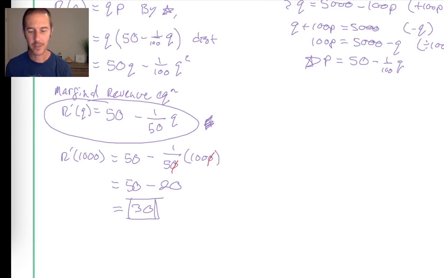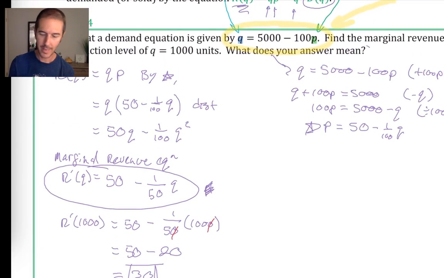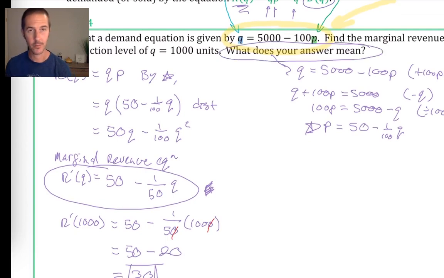So in this case, selling the 1001st item would bring us in a revenue of $30. That's what our answer means. So that's great. It's nice to know that we would have $30 coming in from selling the 1001st item.